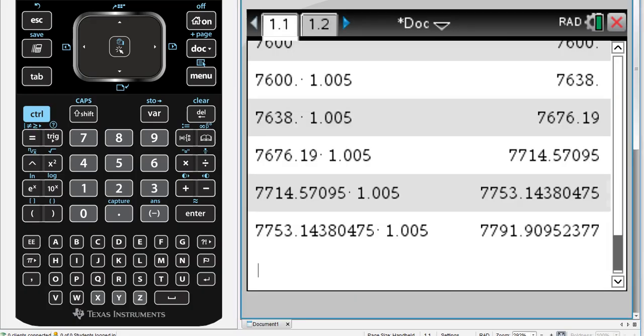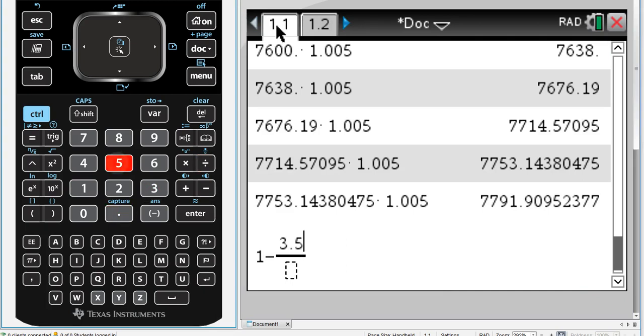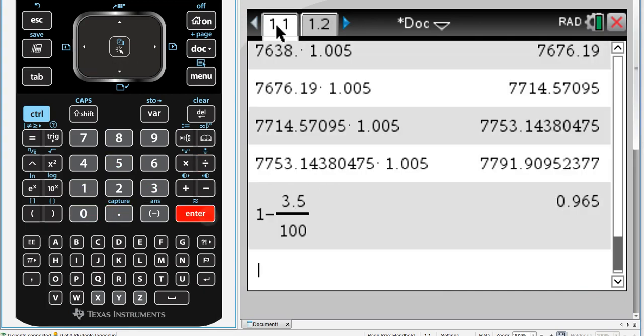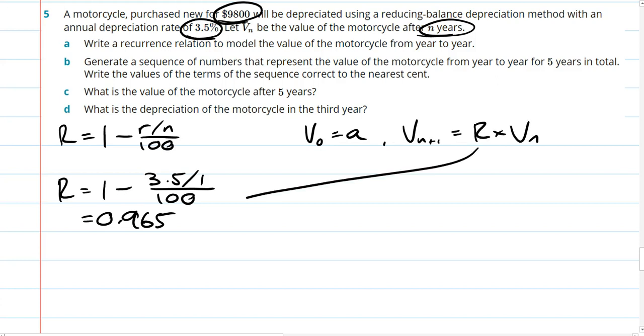Stick that in our calculator. 1 minus 3.5 over 100 gives us 0.965. So the recurrence relation is the same sort of deal. V0 is still A, Vn plus 1 is still R times Vn, except this time that R is going to be a number less than 1 to make it go down.